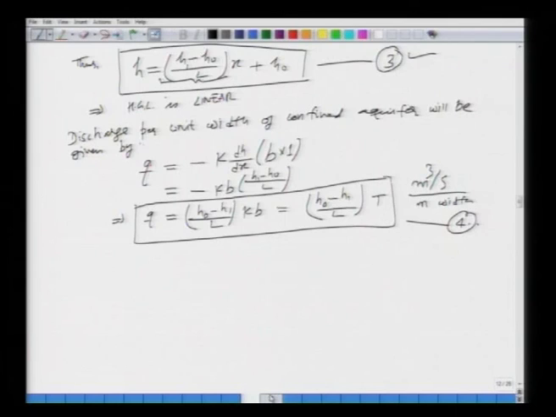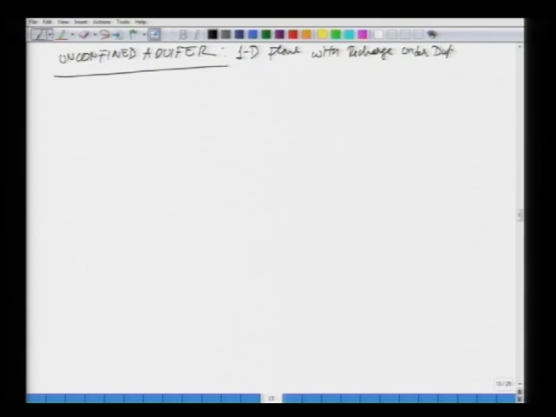Okay. So, let us see, you have the unconfined case or unconfined aquifer. And what we are going to do again is look at the one dimensional flow in the saturated zone with recharge, under Dupuit's assumptions.